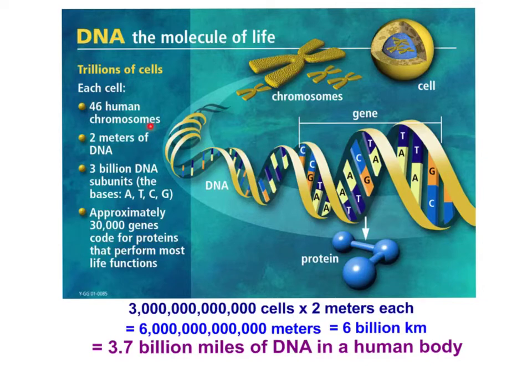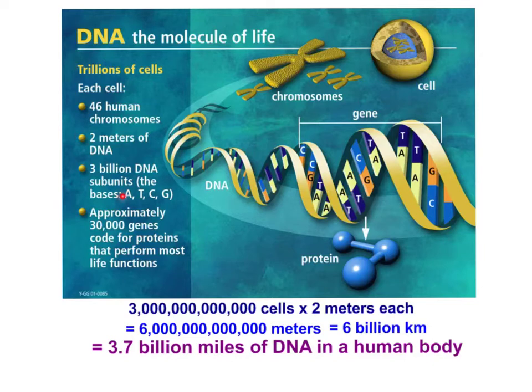And within that 2 meters, there are approximately 3 billion subunits. So the ATCG bases, there's about 3 million base pairs in there, okay? Approximately 30,000 of those genes code for proteins that perform most of our life functions.